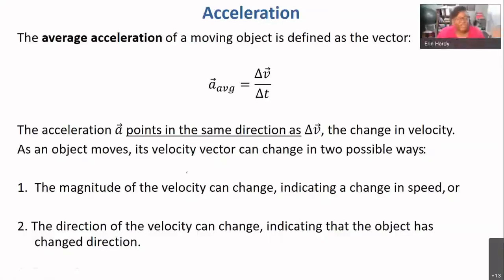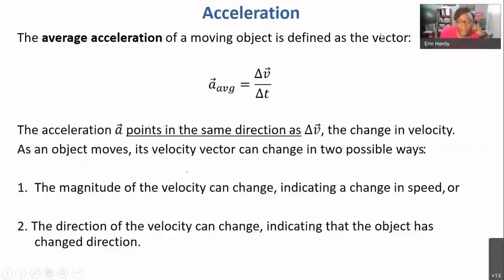If we have a motion diagram for an object and we sketch in position vectors that we use to figure out the orientation of velocity vectors, our next step would be to figure out what the change in velocity vector delta v should be. If we divide that by our time interval, what we have is now the average acceleration. So in other words, if you know the direction of delta v, you also know the direction of a.